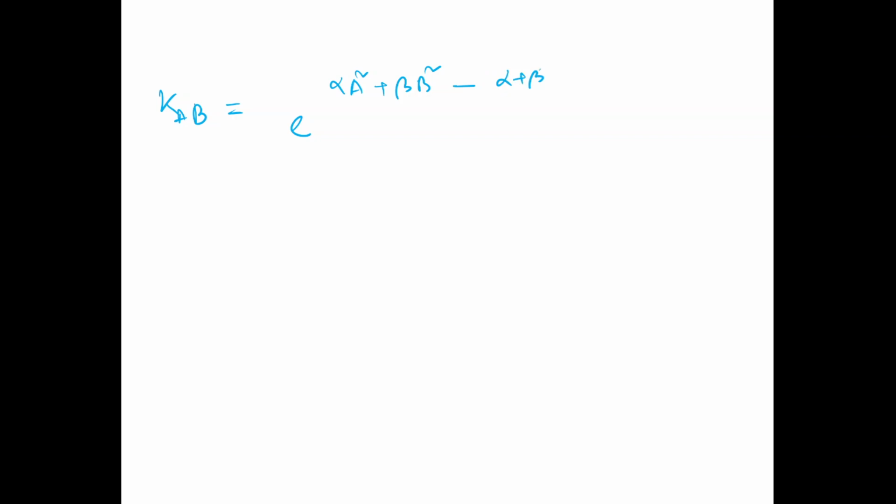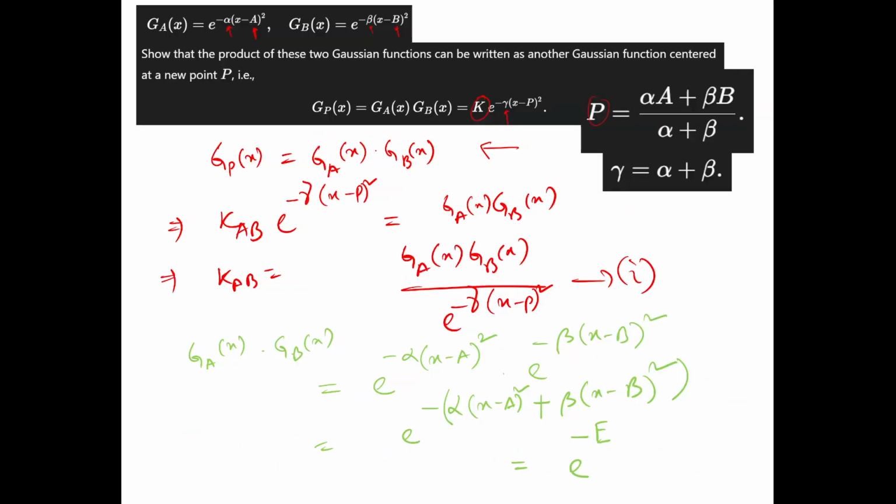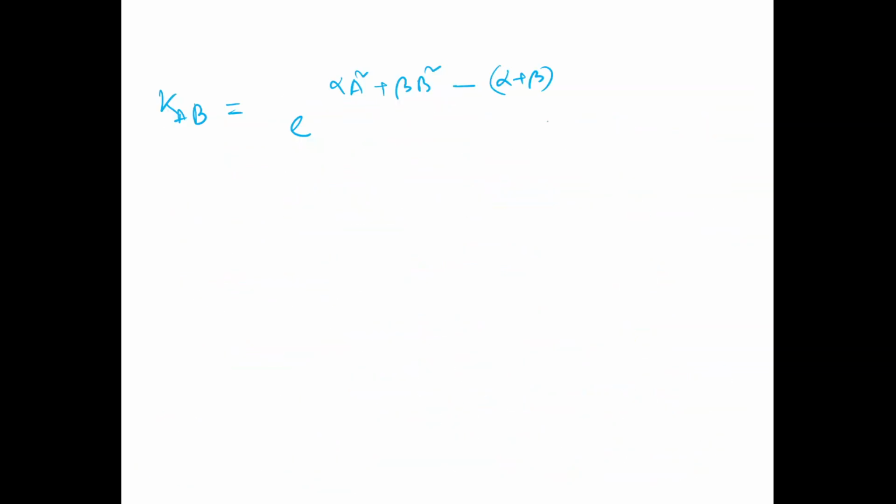Put the value of P here, alpha A plus beta B divided by alpha plus beta, right? So you have alpha A plus beta B whole square divided by alpha plus beta square. So this is the whole term.